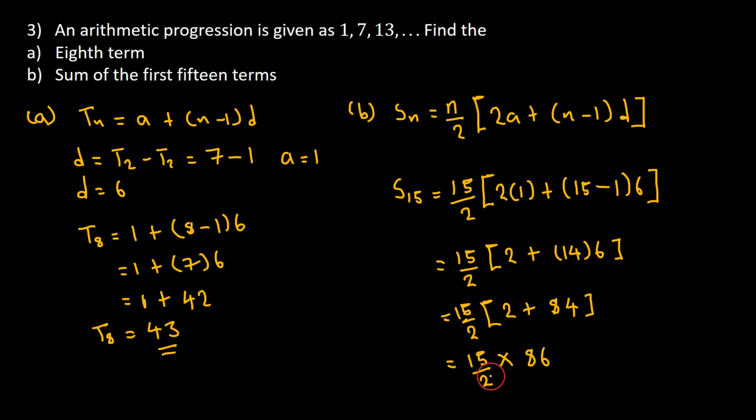So we can divide 2 into 86. So this one just gives us 43, then multiplied by 15. 15 multiplied by 43 gives 645 as our answer there.